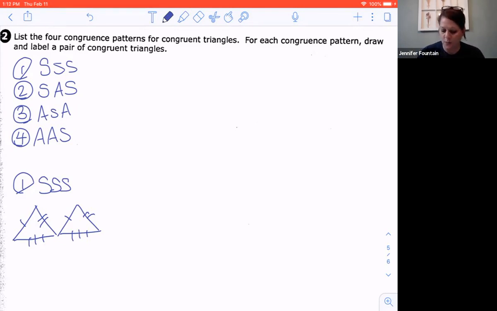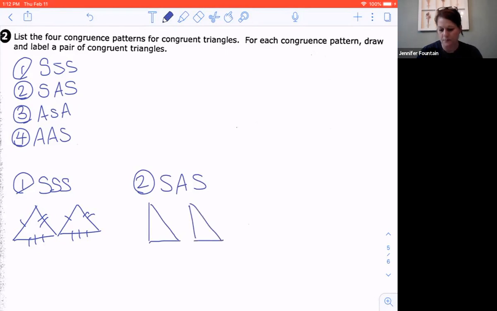All right, now we're going to have side, angle, side. So let's take a look. And if I were to have, let's see, I'm going to do right triangles here. So I can show that I've got this side is congruent to this side using my single mark.